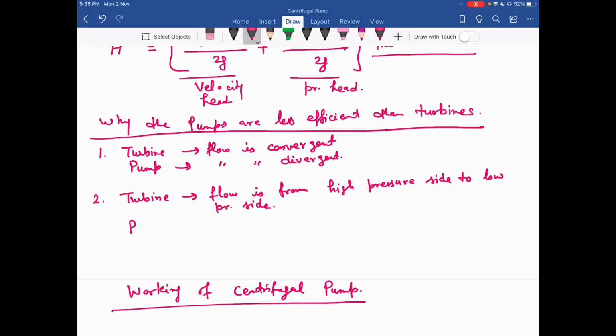Okay, in case of pump, the flow is from low pressure side to high pressure side.